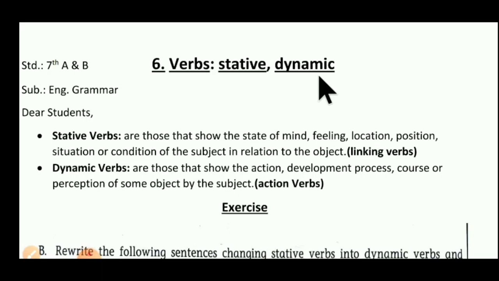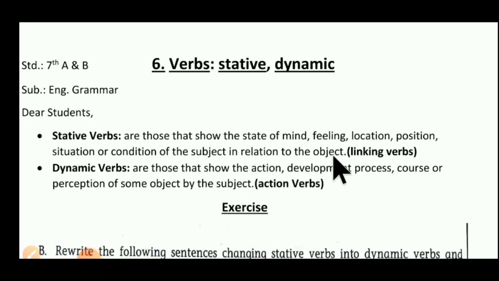But before starting our exercise, we have to revise what stative verbs and dynamic verbs are. Stative verbs are those that show the state of mind, feeling, location, position, situation or condition of the subject in relation to the object.